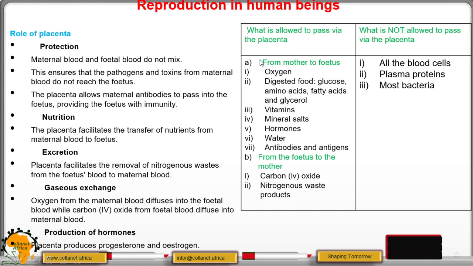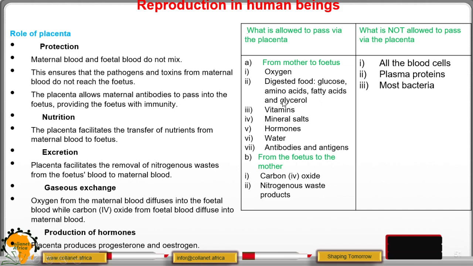Remember, there are some substances that are allowed to pass through the placenta and others are not. For instance, from the mother to the fetus, the following are allowed to pass: oxygen, digested food such as glucose, amino acids, fatty acids, and glycerol.